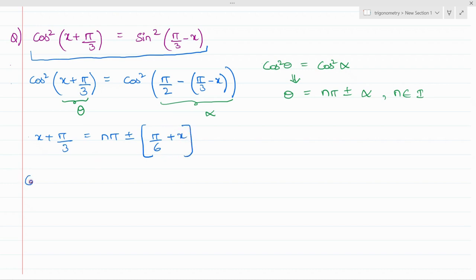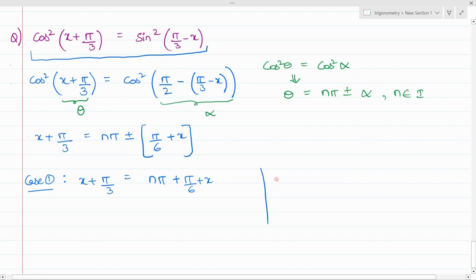So here again two cases. Case 1, that is x plus pi by 3 will be n pi plus pi by 6 plus x, and case 2 will be x plus pi by 3, use the minus over here.